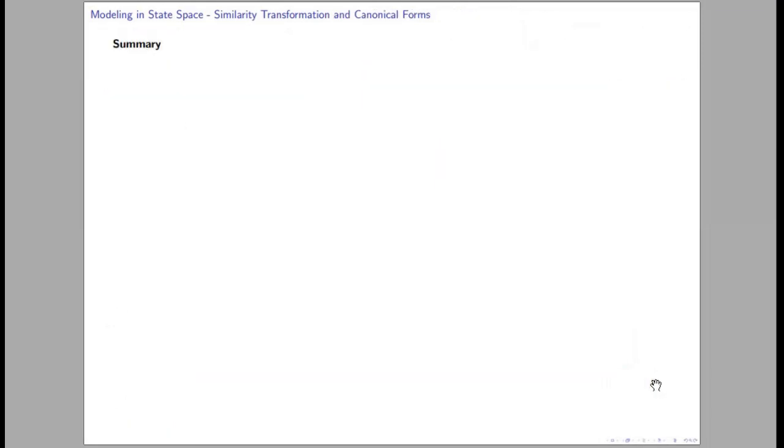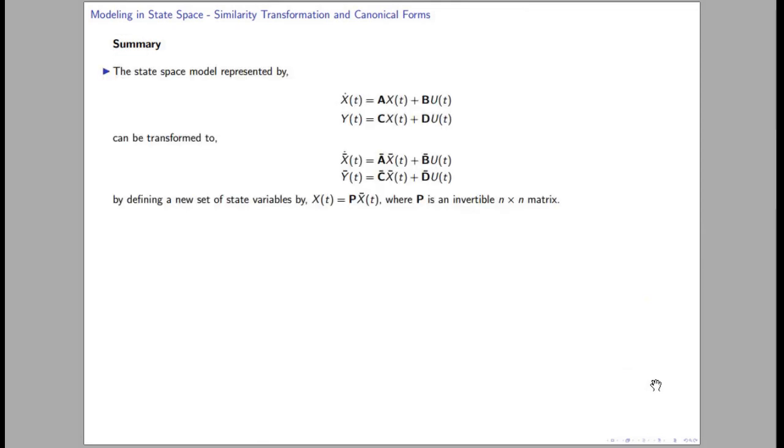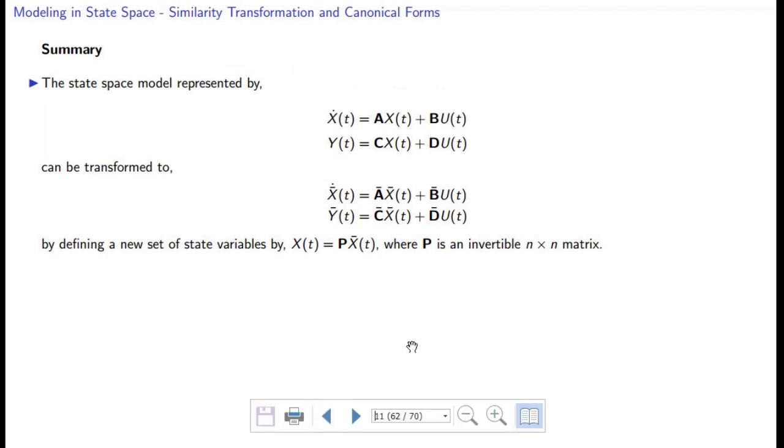So ultimately in this lecture, what we have seen is, if a state space model is given as x dot is equal to Ax plus Bu and y is equal to Cx plus Du, it can be transformed to some other model, which is transformed by x of t is equal to P x bar of t. The only condition here is P is an invertible n cross n matrix. When I do this transformation, the matrices also change.